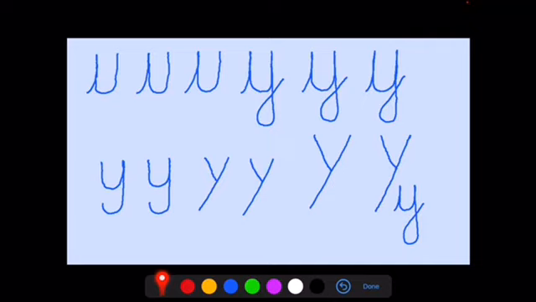This is where we also need to think about the fact that sometimes the letter Y is used for vowel sounds. But in this lesson, we are going to be thinking about the consonant sound we use it for, and that is Y, like at the beginning of the word you.